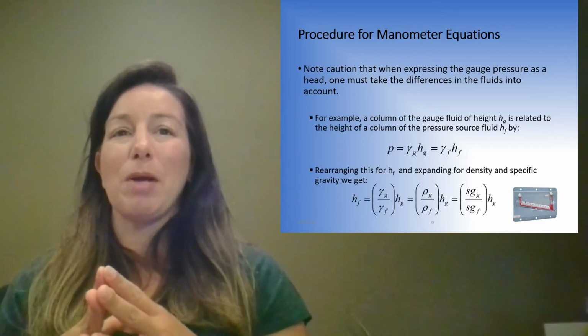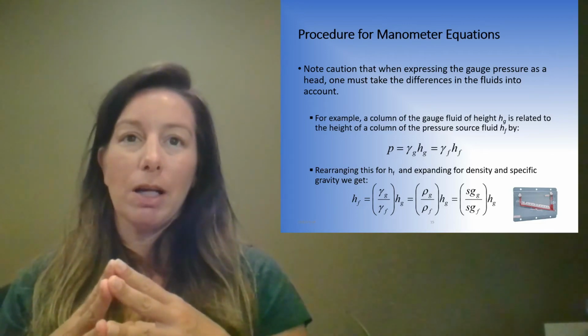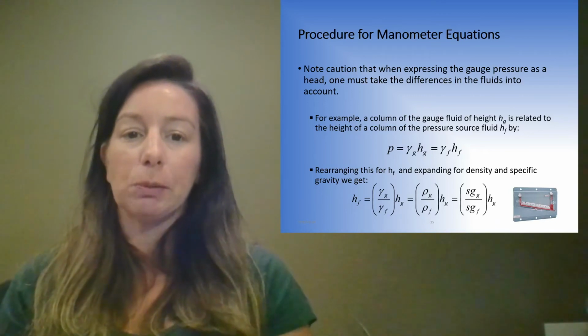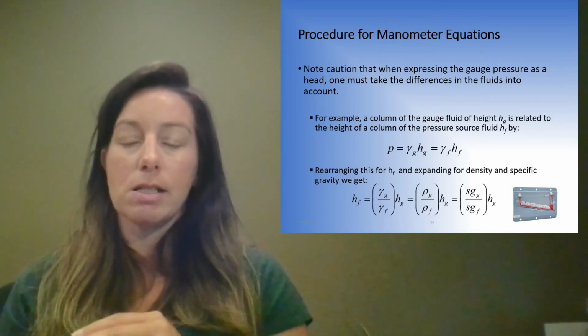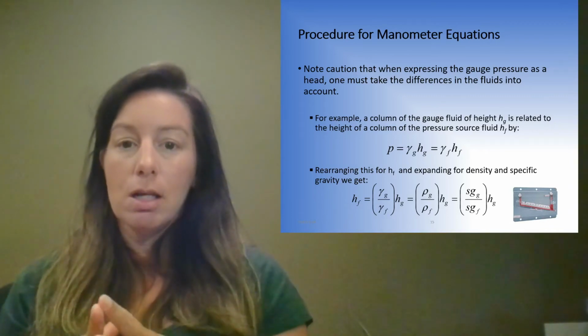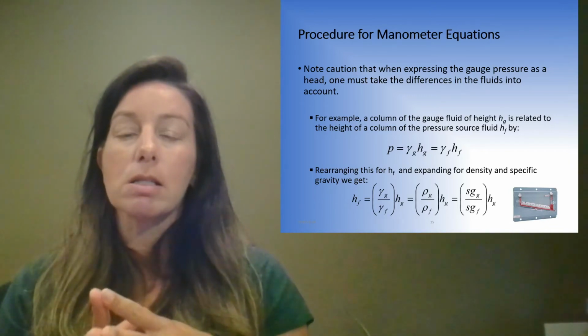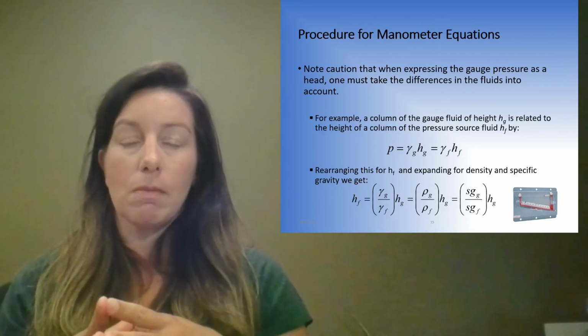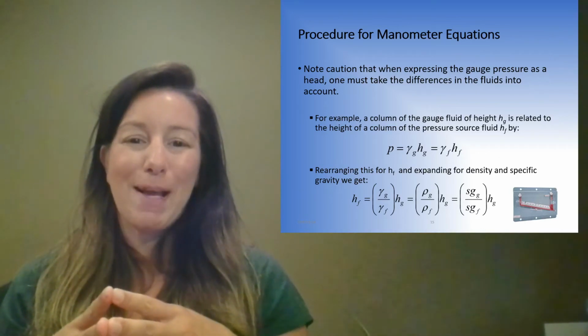So, procedure for manometer equations, here again, more cookbook. Note, caution is to be taken when expressing the gauge pressure as a head. A pressure head, remember, is a measurement of length. So it'll be in millimeters, meters, inches, feet, whatever the case may be.